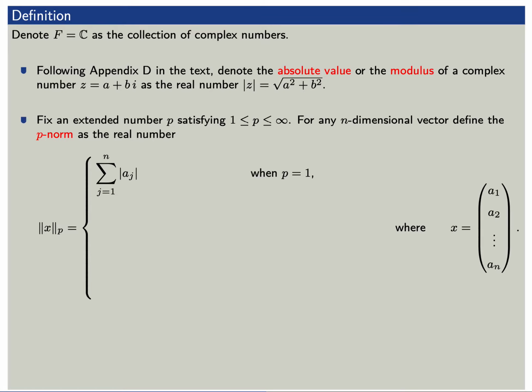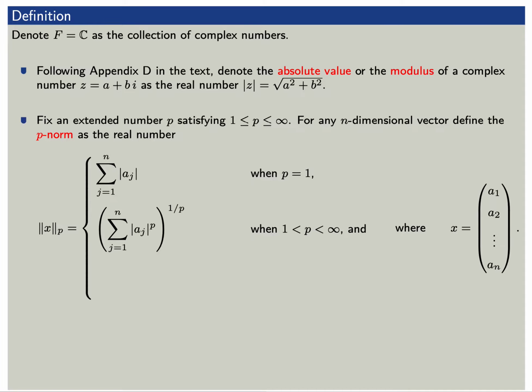Either we'll have the sum of the absolute values of a sub k when p is equal to 1, or we can take the sum of the pth powers of the absolute values and then take the pth root of that. Namely, we'll have a sum over j of the absolute value of a sub j raised to the p, and then we'll take the pth root of that sum.